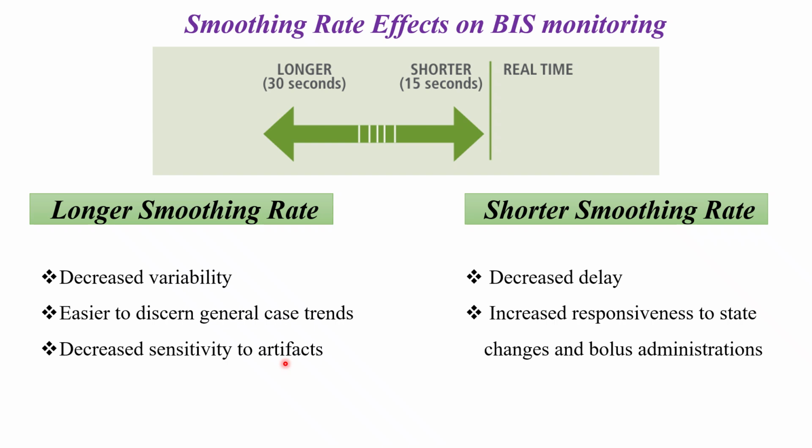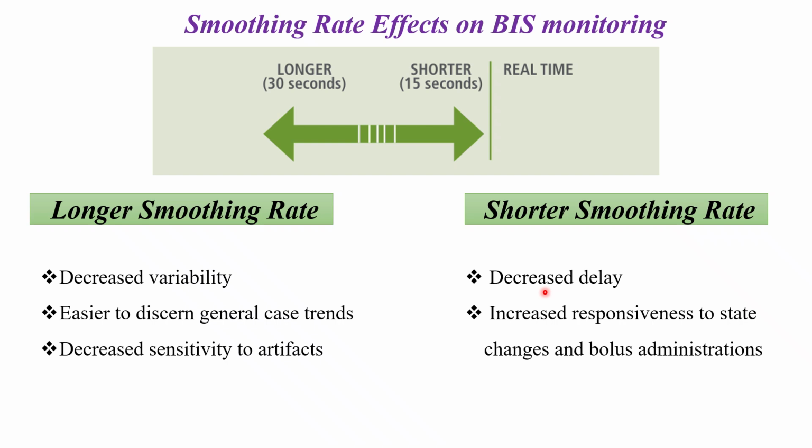If we shorten the smoothing rate, then the BIS values update more quickly. There is decreased delay and increased responsiveness to state changes and bolus administration.